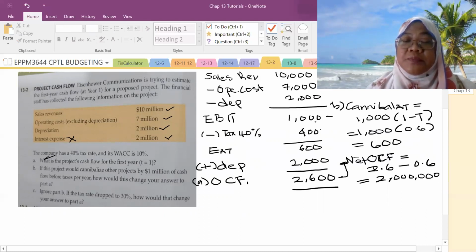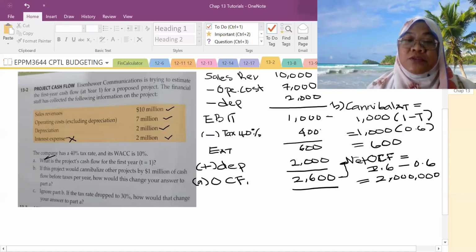Once you dah sampai EBIT, sampai sini nothing change, right? And then you ada this tax, right? So instead of 40%, you change it to 30%. Kalau 30% maksudnya the tax expense will reduce from 400 to 300,000. So dekat sini you akan ada 700,000.